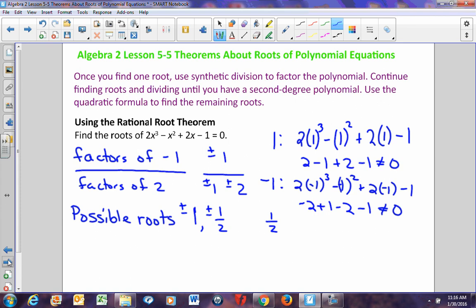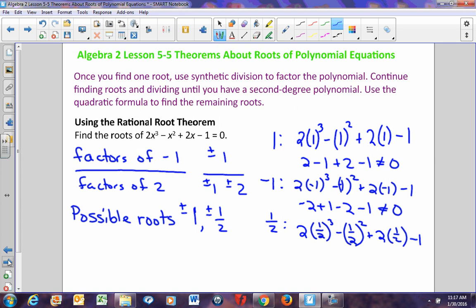If I test 1/2, I get 2 times 1/2 cubed minus 1/2 squared plus 2 times 1/2 minus 1. We can put this in the calculator to see if it gives you 0. Okay.